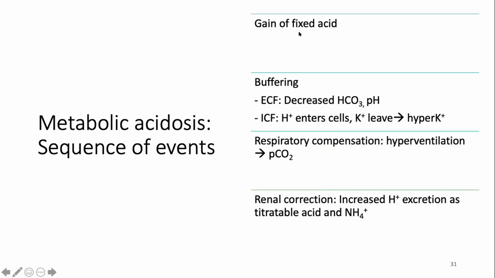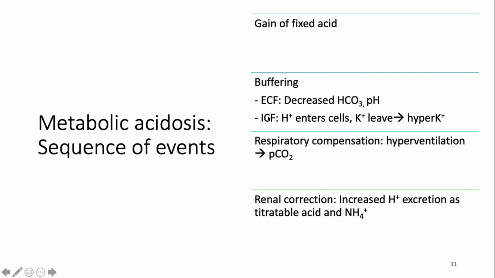Of course, the first reaction to it is that you have this buffering system in the body. So in the ECF, this bicarbonate will then try to neutralize this acid. Therefore, in this ECF, you will find there will be less of the bicarb, and also the pH will be reduced as well.